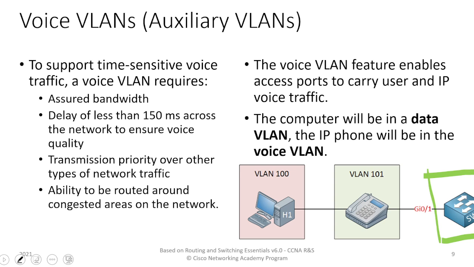The data traffic, that is the PC, will come to the voice over IP phone, and there it will be tagged with the data VLAN. The rest of the traffic coming from the phone will be tagged with the voice VLAN ID, and then they will be forwarded onto the switch.